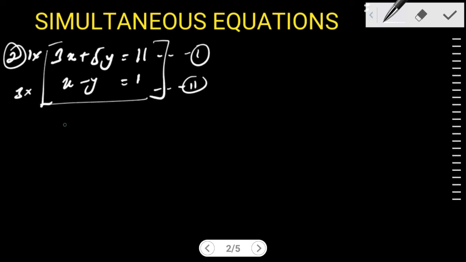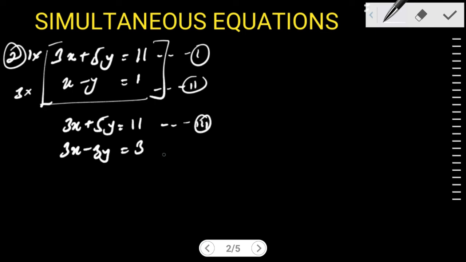And therefore, I'm going to have 3x plus 5y equals to 11. And this would be 3x minus 3y, which would be equals to 3. This would be equation 3 and this would be equation 4.